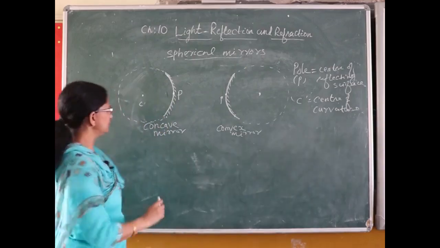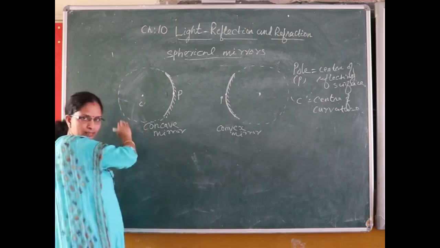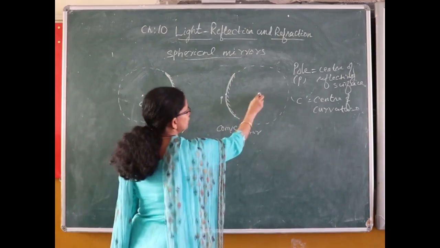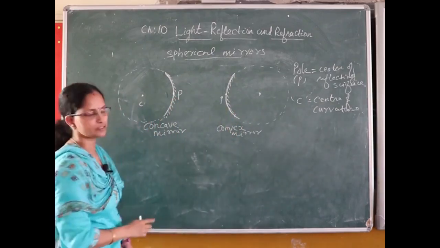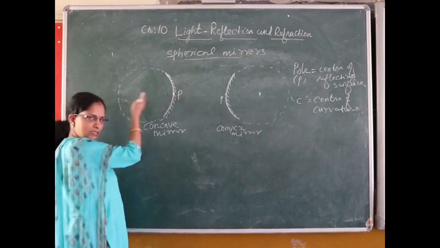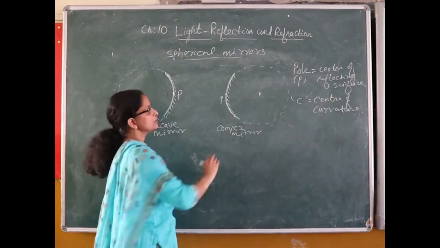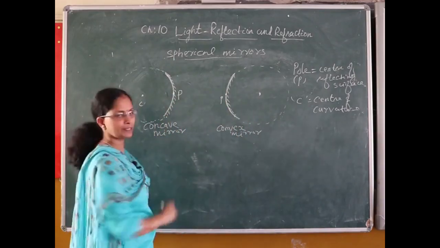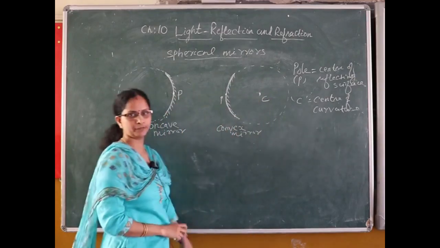The difference is that the center of curvature for a concave mirror lies on the same side as the reflecting surface, whereas the center of curvature of a convex mirror lies on the opposite side of the reflecting surface. So here is the center of curvature C.